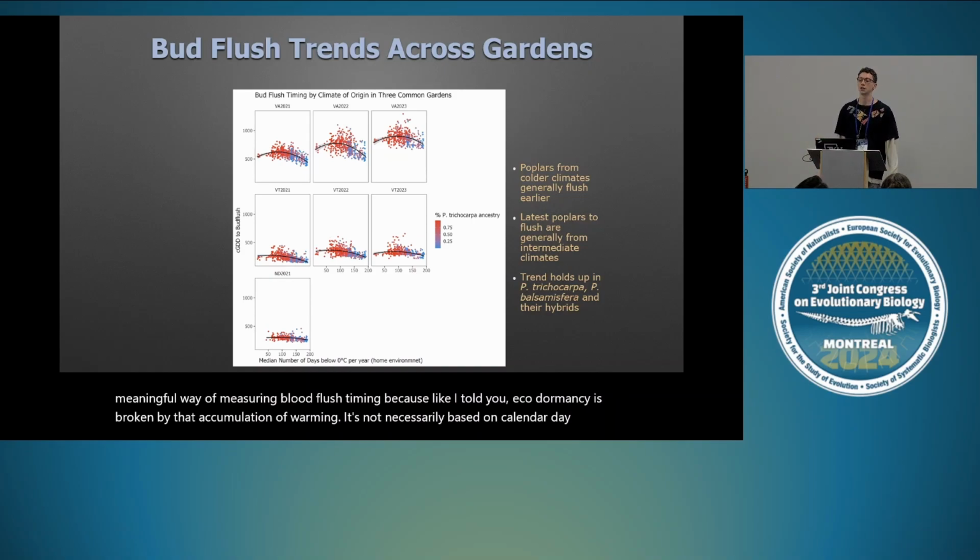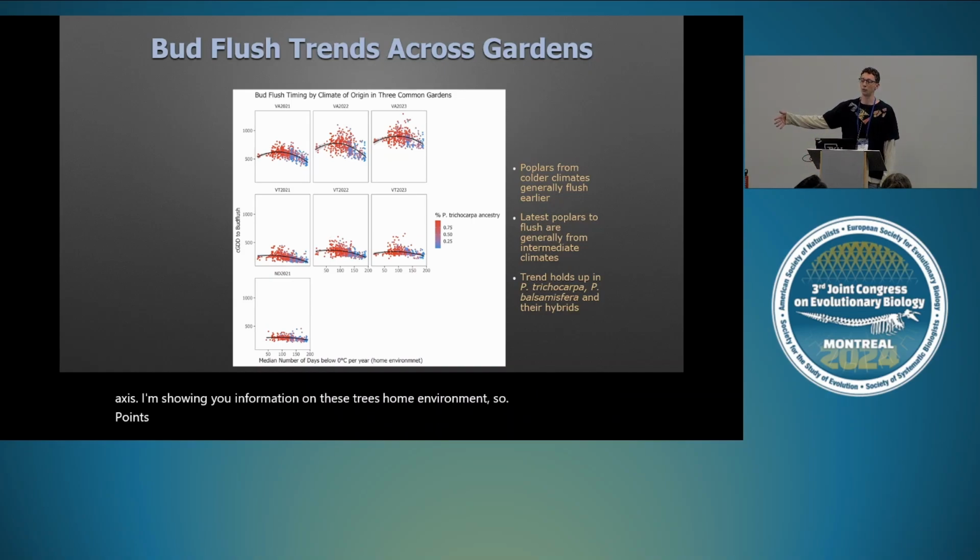On the x-axis, I'm showing you information on these trees' home environment. So points on the far right side of the x-axis are from cold environments where winter is very long. Trees on the far left of the x-axis are from warmer environments where winter is shorter.